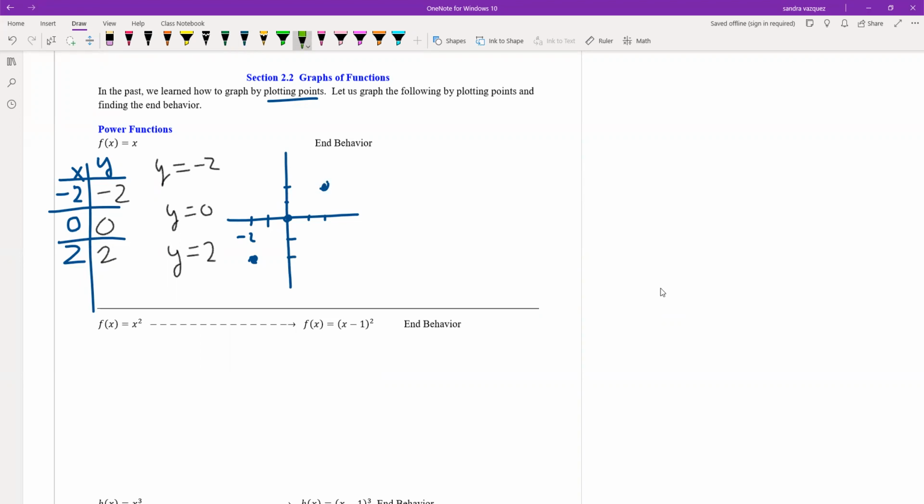And you can see right here that I have my line that goes like this.